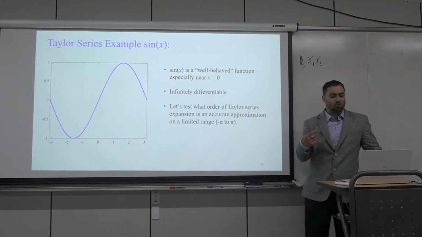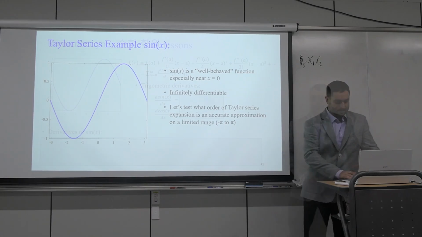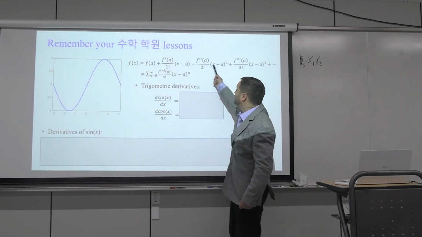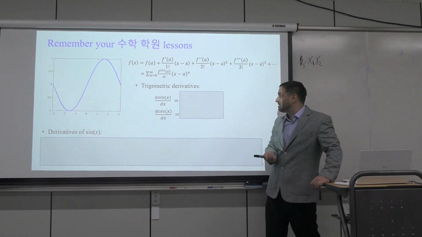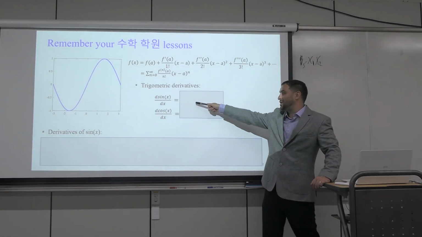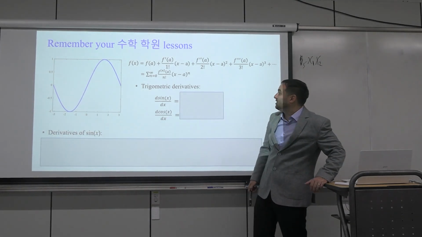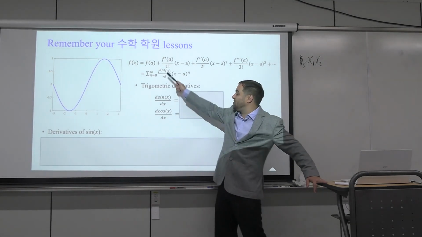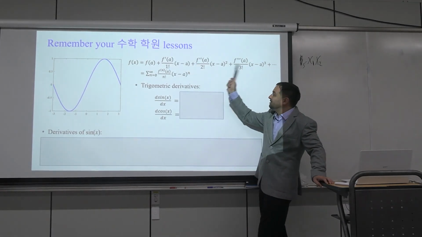And so let's test what order of Taylor series expansion is an accurate approximation from negative pi to pi. Here's our Taylor series expansion formula, and just so students who are watching the video, what is the derivative of sine and what's the derivative of cosine? Okay, and so you should now take a minute, write out each one of these terms.